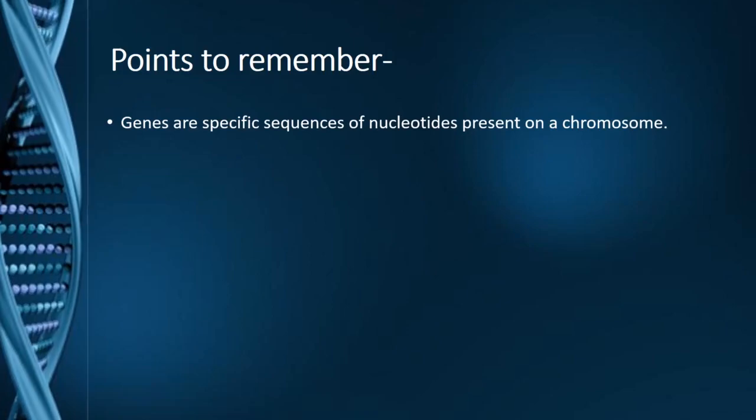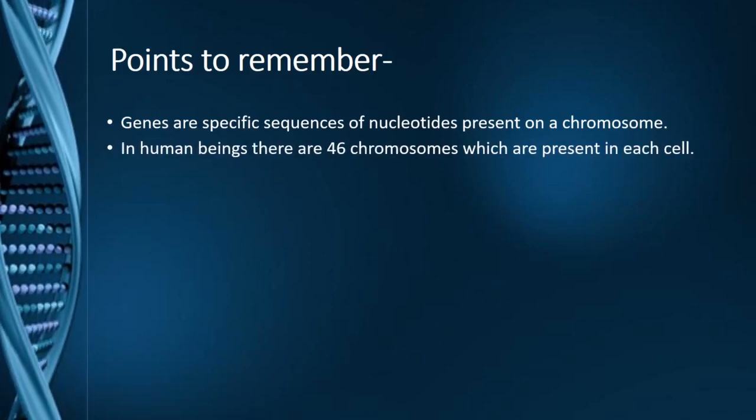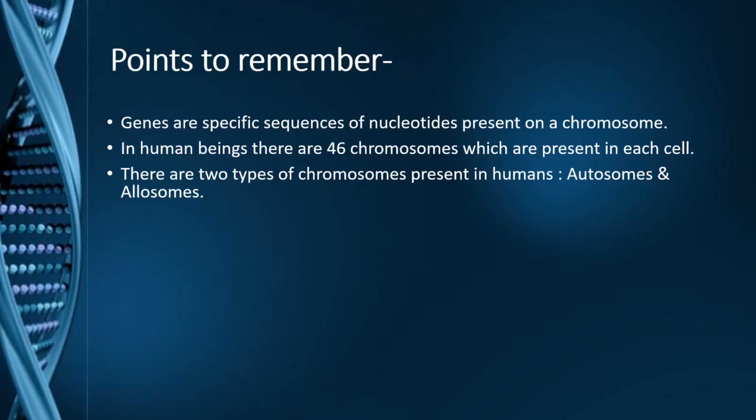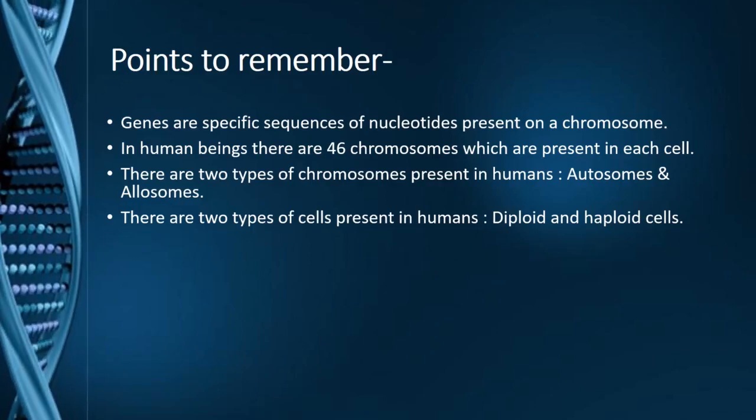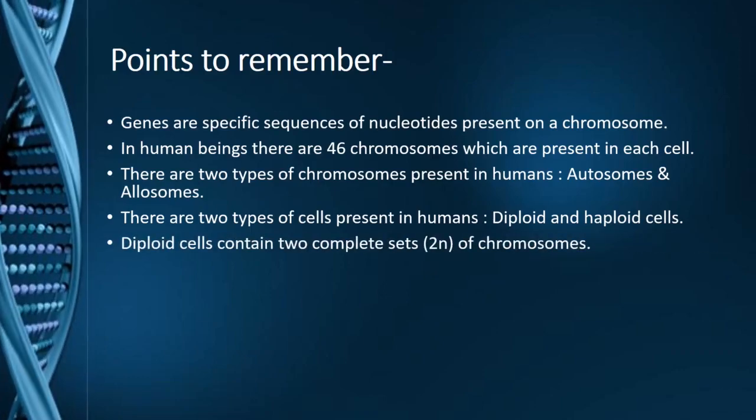Now let's see what we have learned so far. Genes are the specific sequences of nucleotides present on a chromosome. In human beings, there are 46 chromosomes present in each cell. There are two types of chromosomes present in humans, autosomes and allosomes. There are two types of cells present in humans, diploid cells and haploid cells.